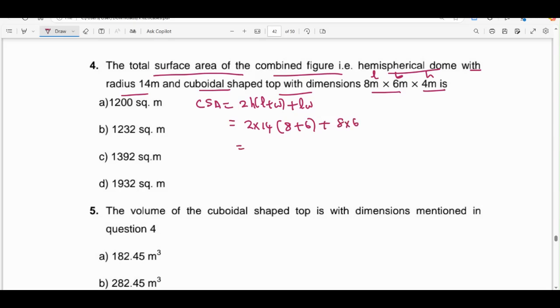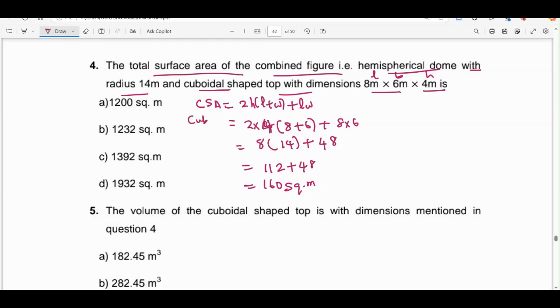So it will be 2 into 4 into 8 plus 6, plus 8 into 6. Height is 4, not 40. 2 fours are 8, 8 plus 6 is 14, 8 sixes are 48. When you multiply 8 into 14, it is 112 plus 48, which equals 160 square meter. So this is the curved surface area of a cuboidal shape.